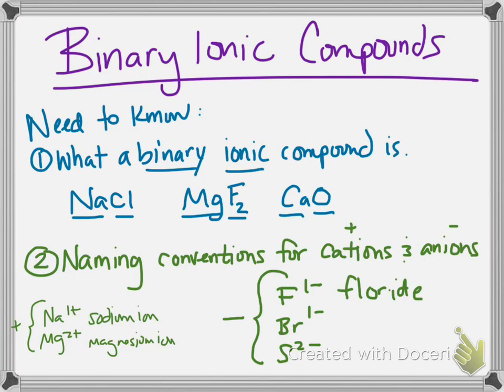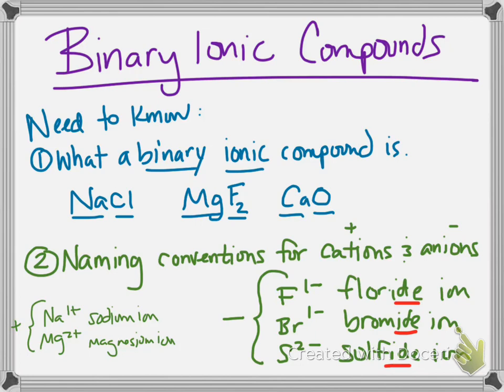So fluorine becomes the fluoride ion, bromine becomes the bromide ion, and sulfur becomes the sulfide ion. I cannot stress enough how important it is to pay attention to those IDEs. Right now that's the only thing you have to keep track of, but when we start other types of naming, you'll have to keep track of a few other suffixes. So make sure that you pay attention to the IDE suffix.